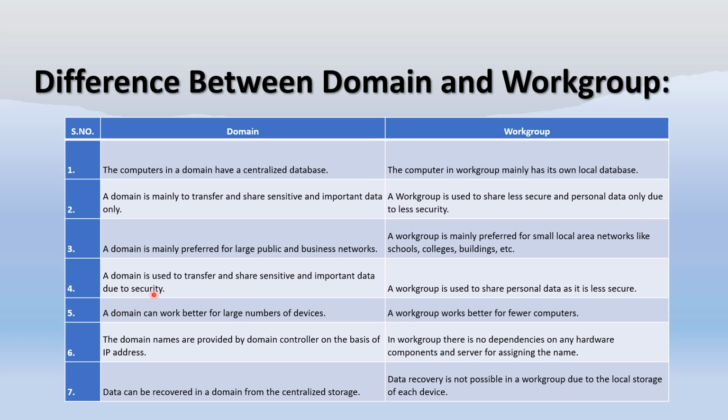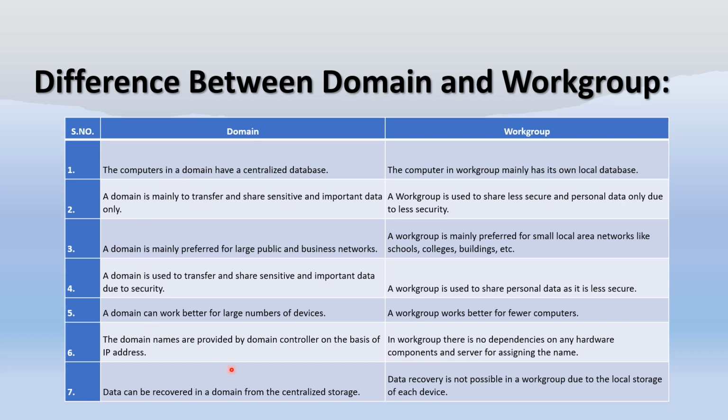Compared to a workgroup, a domain has high security, and a domain works mostly with a large number of devices, where we can group many devices together. In a workgroup, only a small number of people are grouped together.